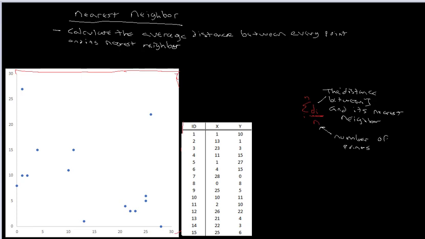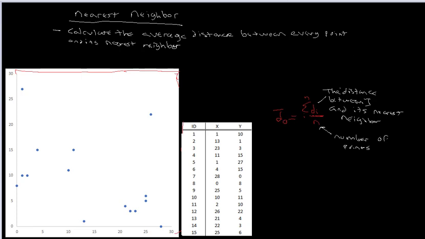And we're going to call this average nearest neighbor distance d for distance, with an average sign indicating that it's an average distance, and then we put a subscript O here because this O is going to represent our observed.